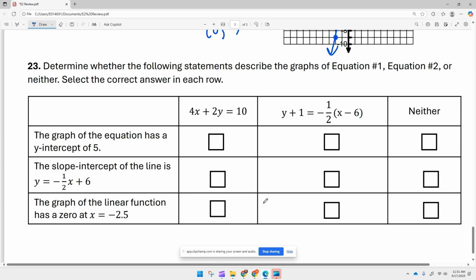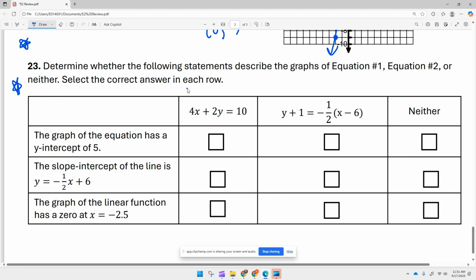All right, the last question, and I'm starring that question that we just did and this question. Both are super, super important. They will most definitely be on the test in a similar format. Okay, I'm going to put the first equation in slope-intercept form. So I'm going to move the 4x over.